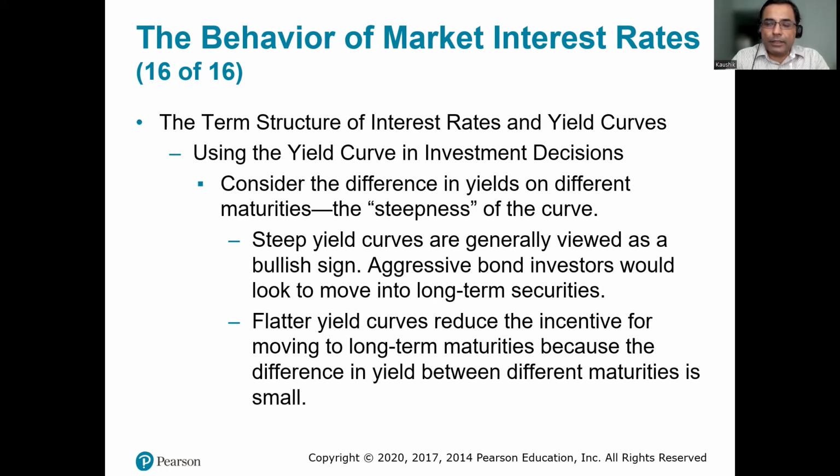If it's a flatter yield curve, that is the difference in yield between different maturities is less, that reduces the incentive for moving to long-term maturities. So in that case, shorter maturity bonds are in more demand. So this is another implication in terms of the investment decision.